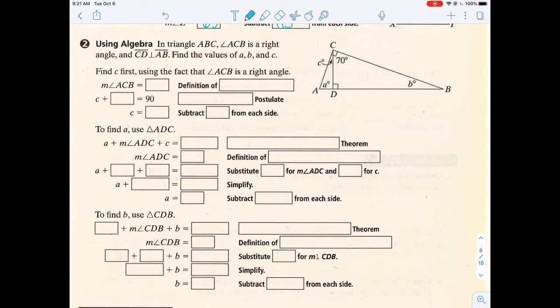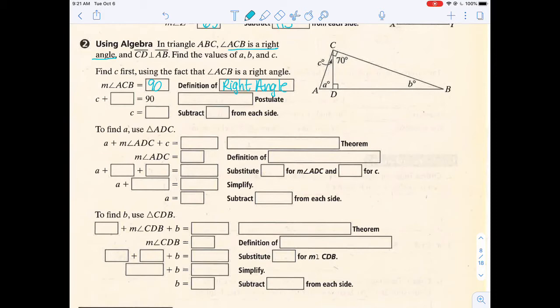So the measure of angle ACB is 90 degrees. We already know that. They told us up there. Because it's the definition of a right angle. Right? Here they told us, hey, this is a right angle. We know right angles are 90 degrees.